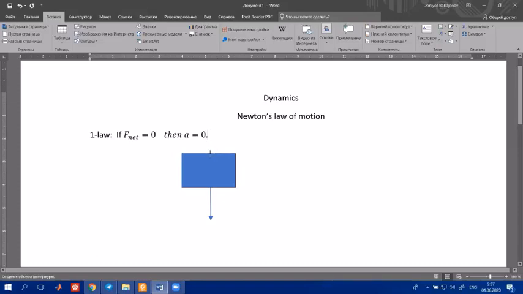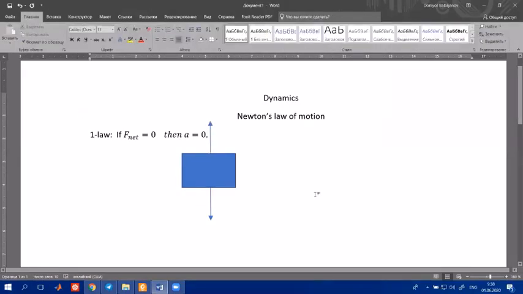If the body is on some surface, it has a reaction force. So you are sitting on the chair, and two forces act on you: downwards it's weight, and upwards it's the reaction of the chair. And they are compensated. They are equal to each other. That's why the net force is equal to 0.